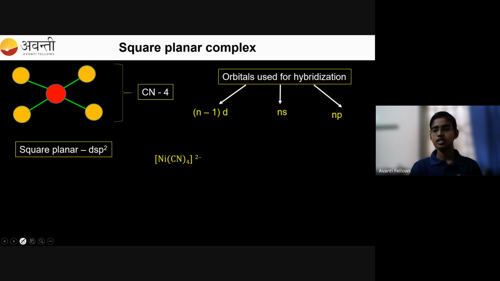What is the oxidation state of nickel in the complex, students? I'll give you 30 seconds. So try to give me the answer. I want answer from your side. Oxidation state of nickel.